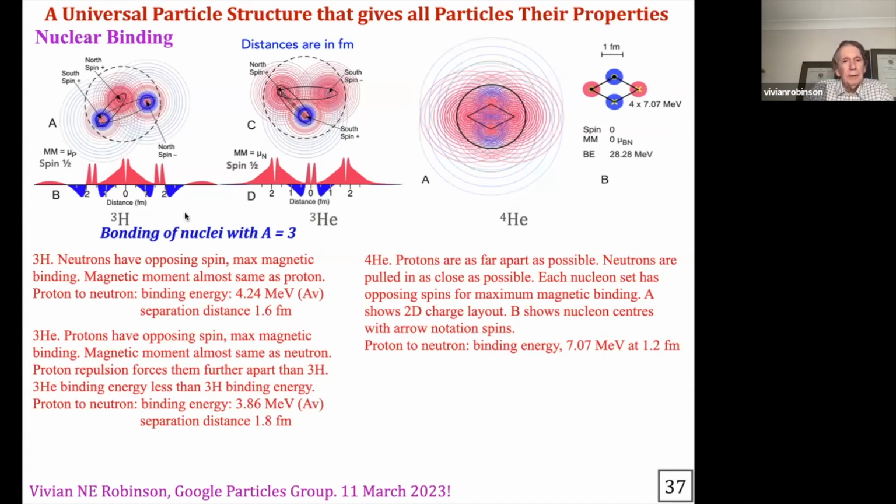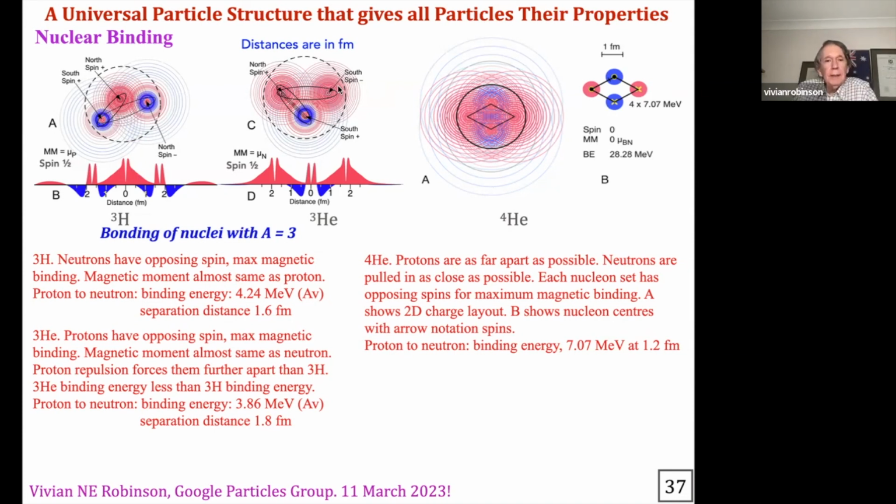Because there's no repulsion between the neutrons, they can move a little closer, so the proton-to-neutron binding energy, which has been measured, is 4.24 MeV on average (total binding energy divided by 2). The separation is centered about 1.6 fm.